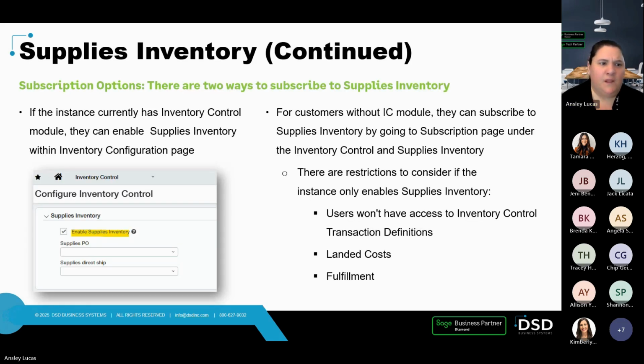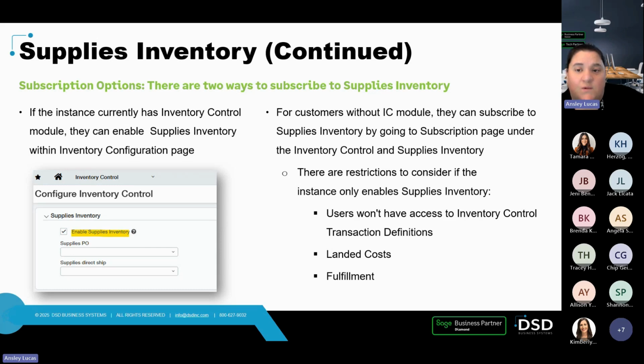Basically, there are two ways for you to subscribe to supplies inventory. If you already are using inventory control, it's just enabling a checkbox, and there is no extra fee or cost because you're already subscribed to inventory control.